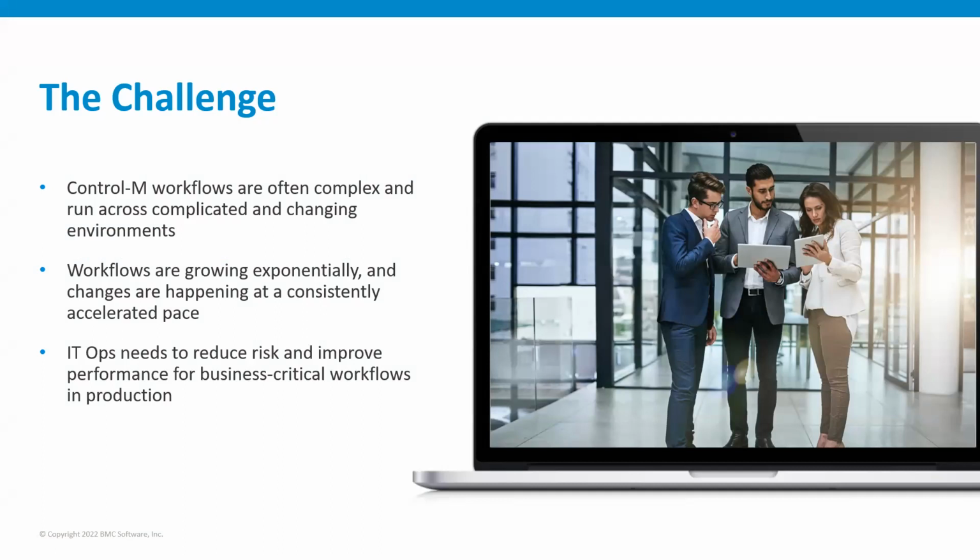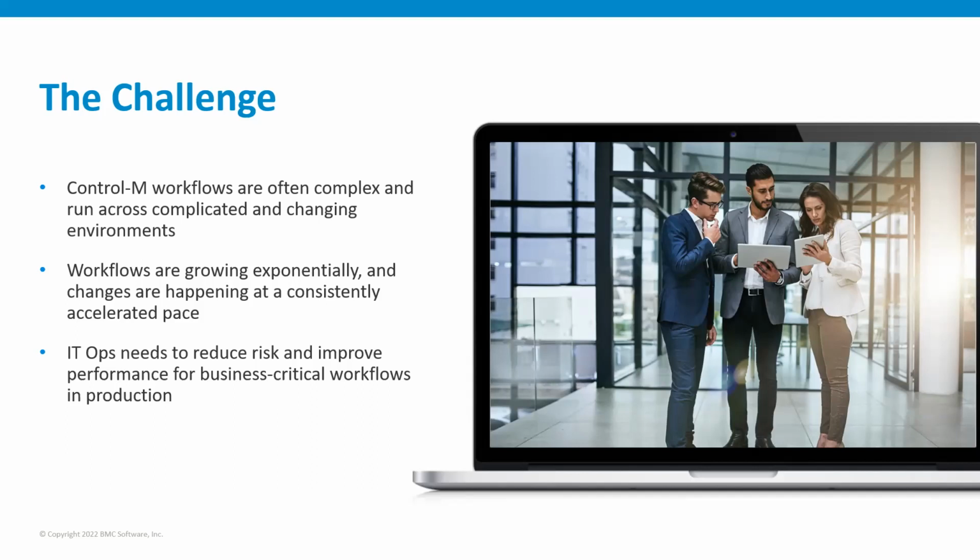You have DevOps teams who are creating flows through APIs. You have schedulers team who are creating flows through web client, or you have multiple integrations across different cloud or different on-prem landscapes.